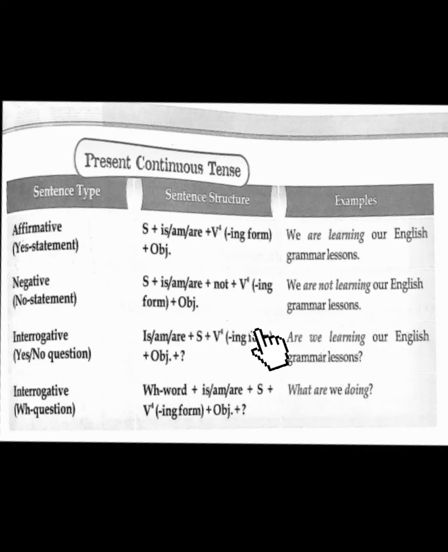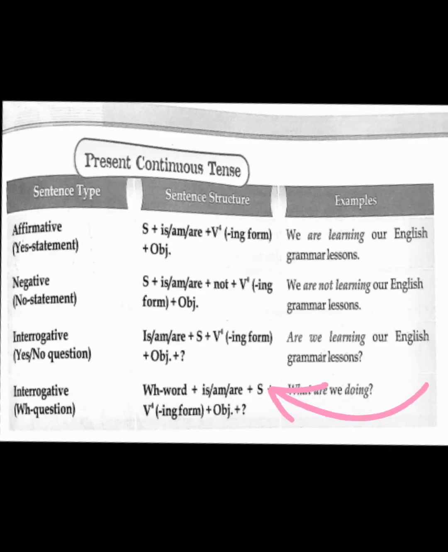Question mark. Then in the interrogative case, how can you frame questions by using a WH word? Let's see. So the sentence structure will be WH word plus is, am, are plus subject plus verb fourth form plus object plus question mark.